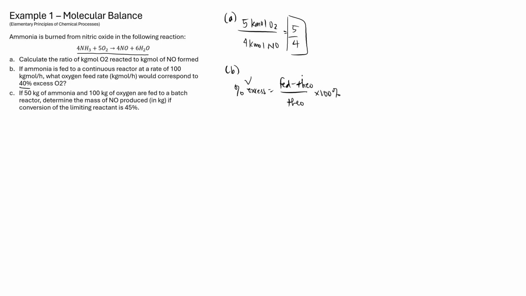The theoretical can be obtained from NH3. Okay, so it said 100 kilomoles of ammonia was fed, and then, based from the chemical equation, 4 kilomoles of ammonia is needed with 5 kilomoles of O2.